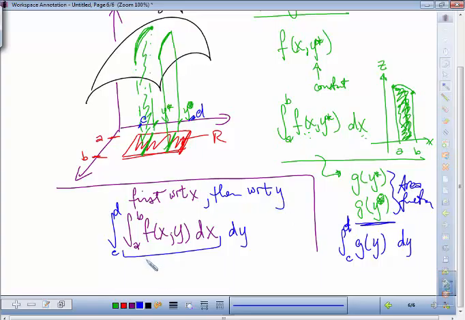So if we do it that way, we're going from the inside integral to the outside integral.